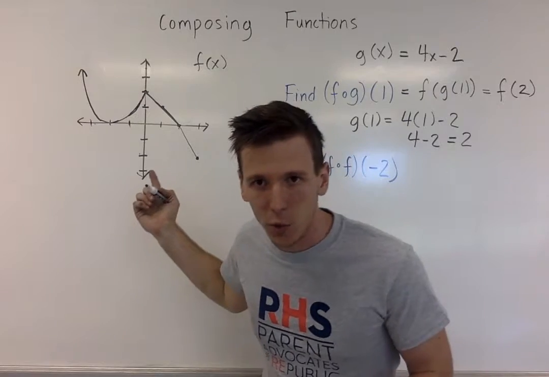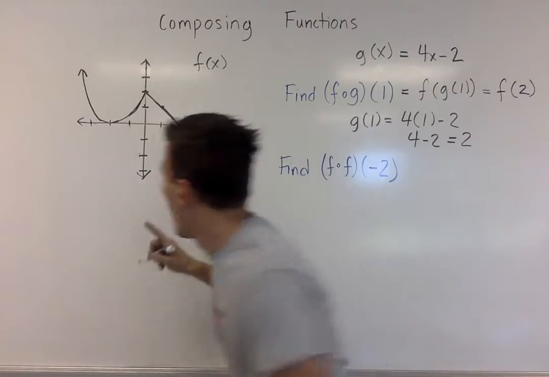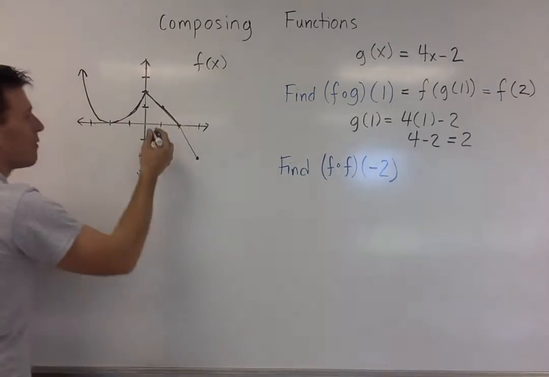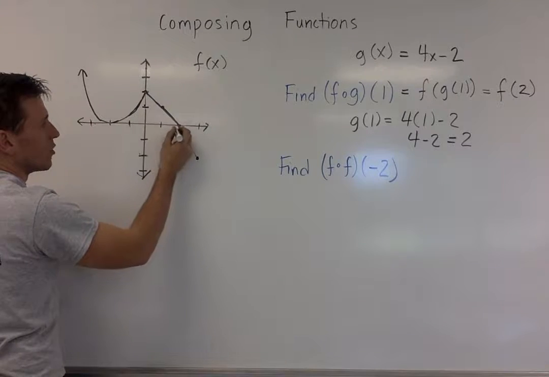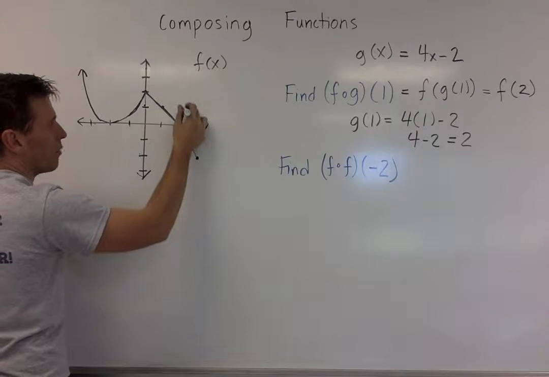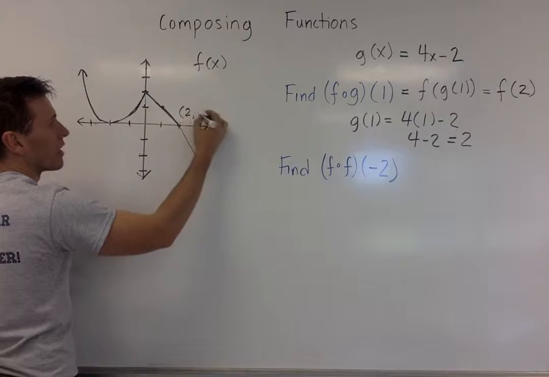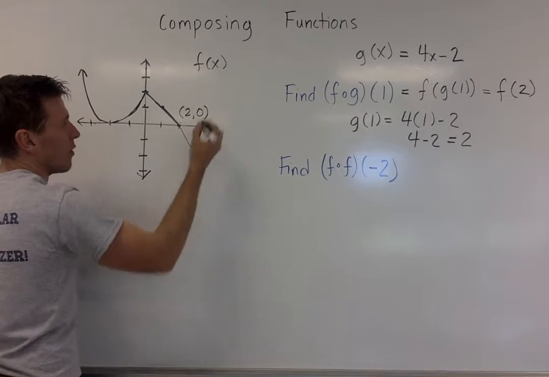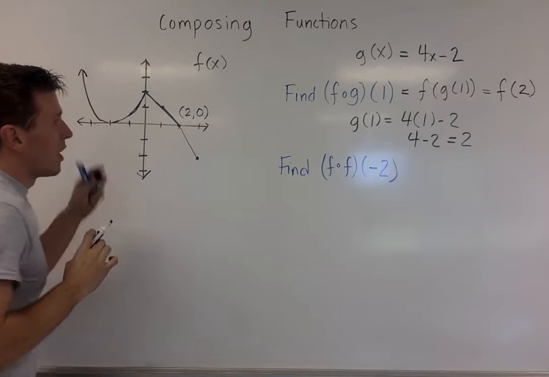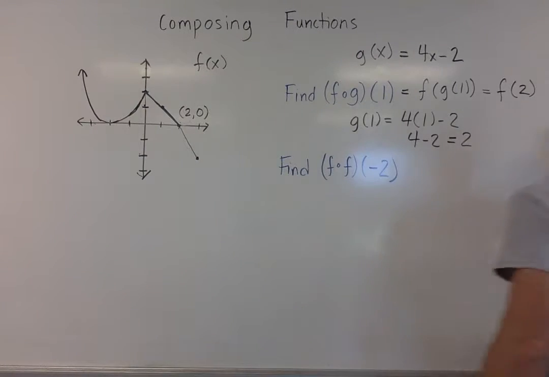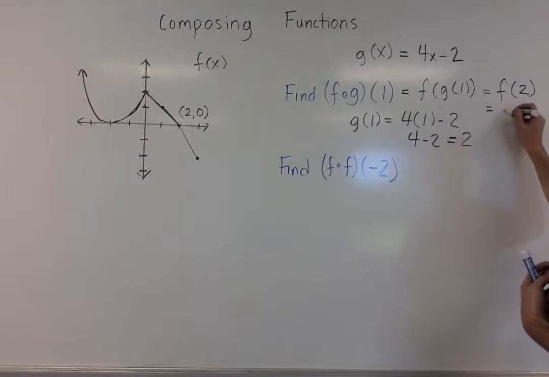We only have a visual definition. So I can still find it. f of 2 is just going to be going over to the input of 2 and looking at my output. Well, right here I can read the graph and see that when I plug in 2, I get out 0. So f of g of 1 is f of 2, which is the same as 0.